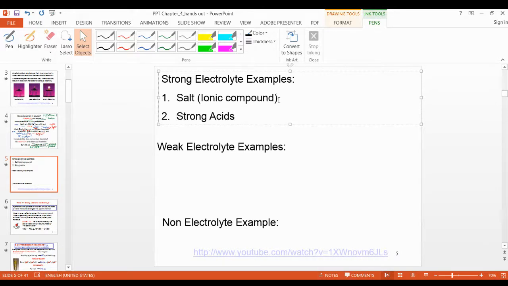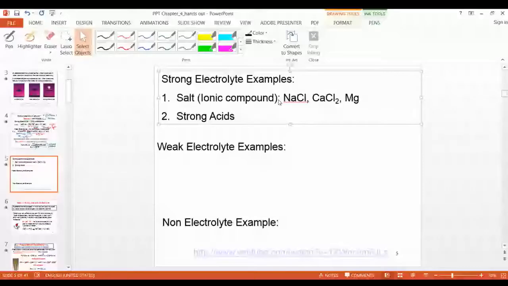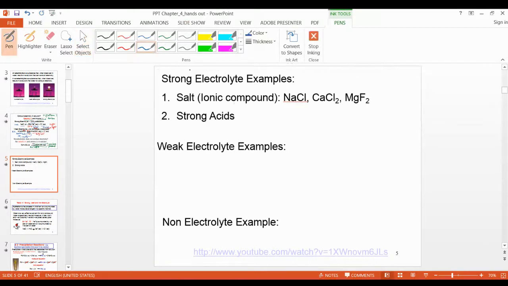Example, NaCl, calcium chloride, magnesium fluoride. Metal and non-metal, ionic compound. I will write here metal and non-metal.